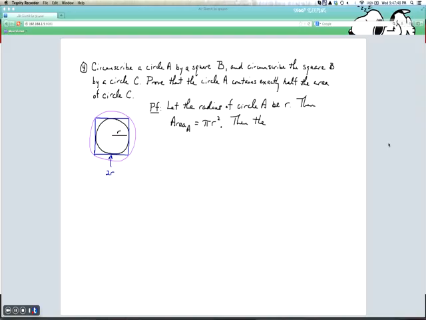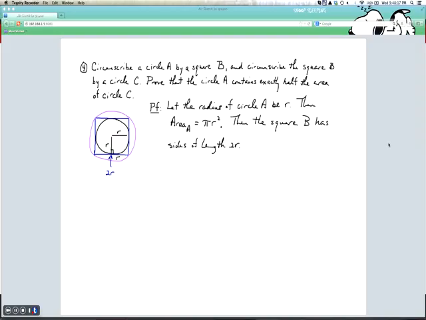Then the square B has sides of length 2r.